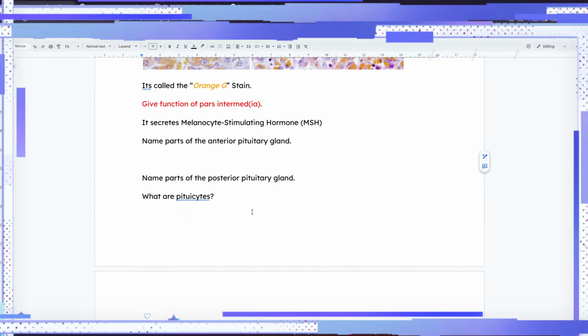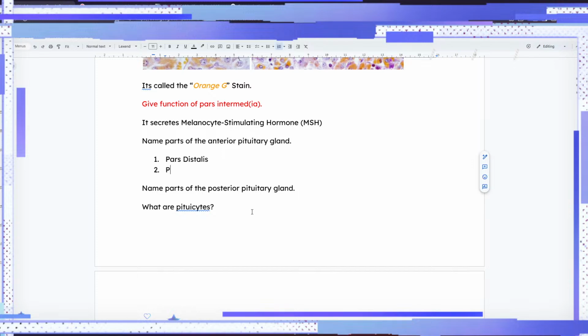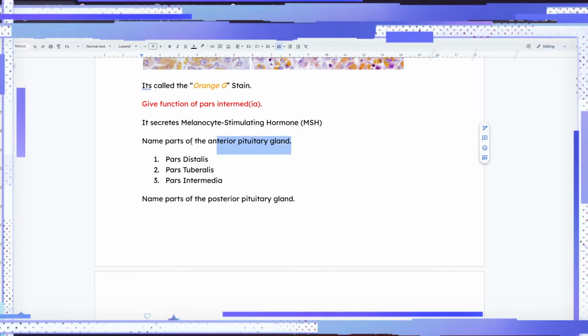Anyhow, name parts of the anterior pituitary gland. You have the pars distalis, pars tuberalis, and pars intermedia. As simple as that.